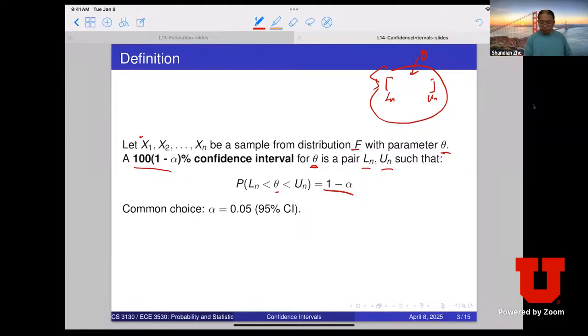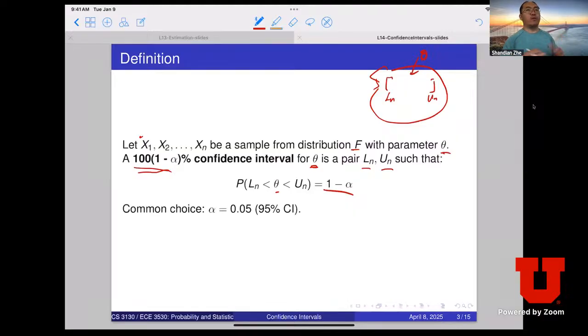So when we try to find such a confidence interval, we want this confidence to be as large as possible, right? But of course, it is really very hard to find a confidence interval that corresponds to very high confidence, like 99.999%.